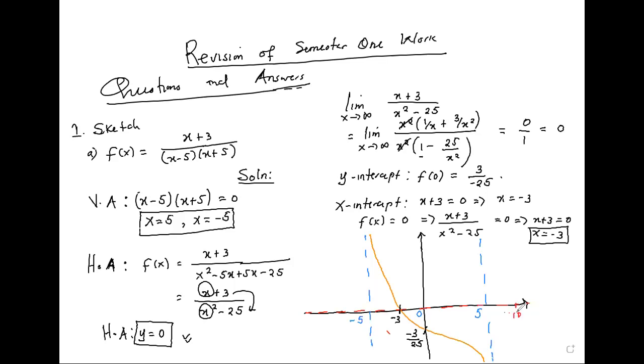So let's pick 10. 10, I said, is easy for calculation. So f of 10 is 10 plus 3, we get 13 on top, and 10 minus 5, we get 5, times 15. The number is positive, that's our interest. So the graph is above 0.